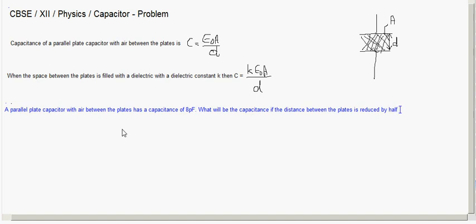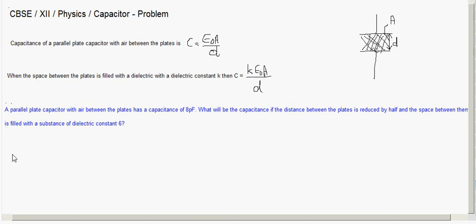and the space between them is filled with a substance of dielectric constant 6? Read the question carefully.